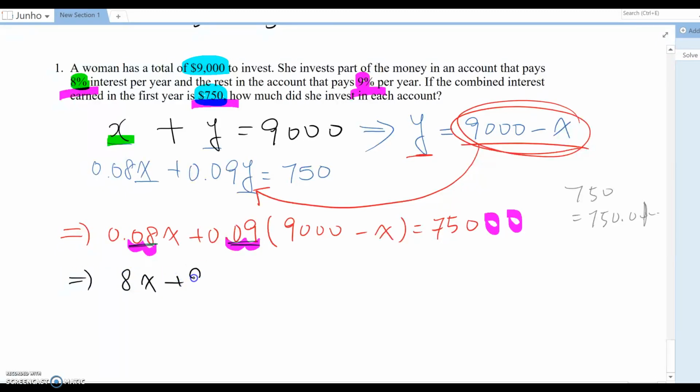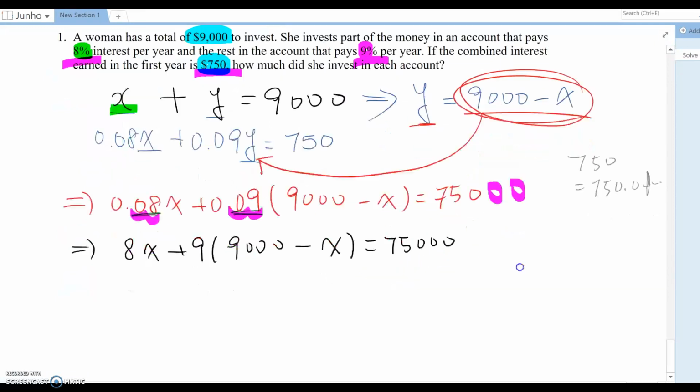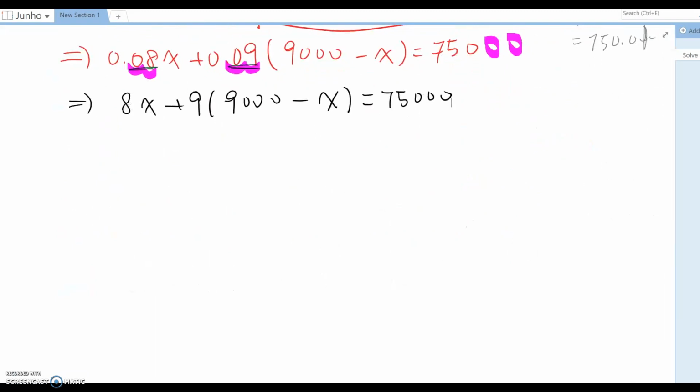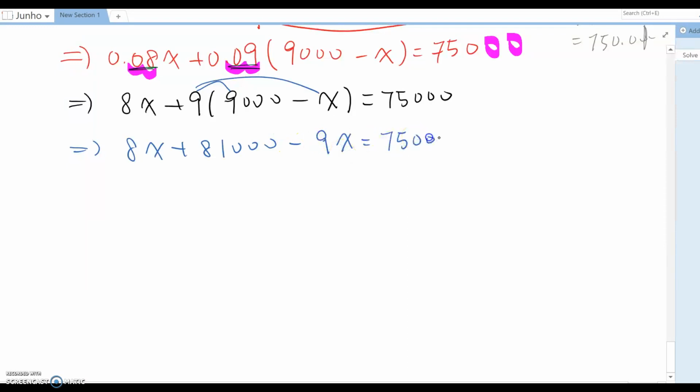Okay? So now I can rewrite this equation: 8x plus 9,000 minus x equals 75,000. So next step, we distribute. Then 8x plus 81,000 minus 9x equals 75,000.